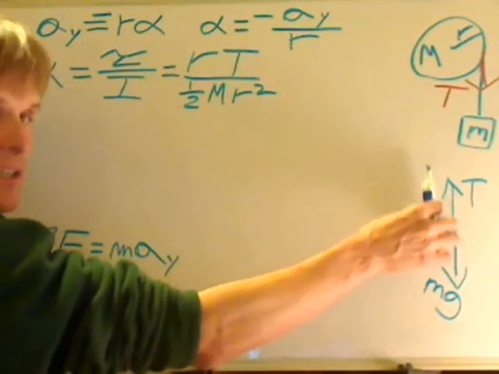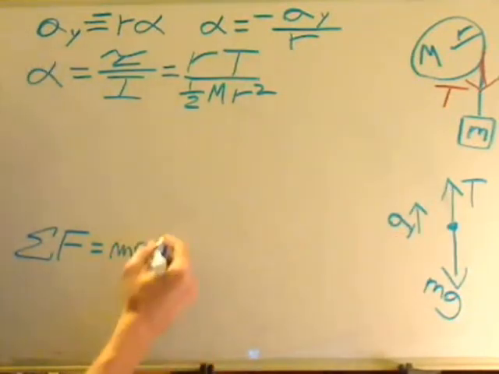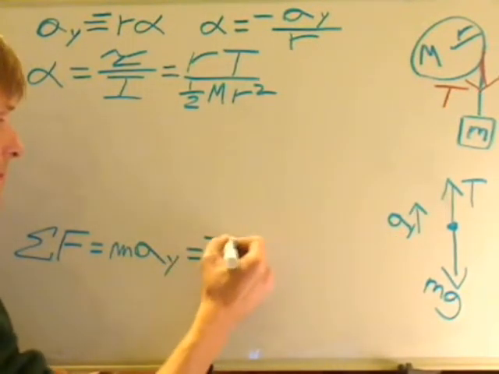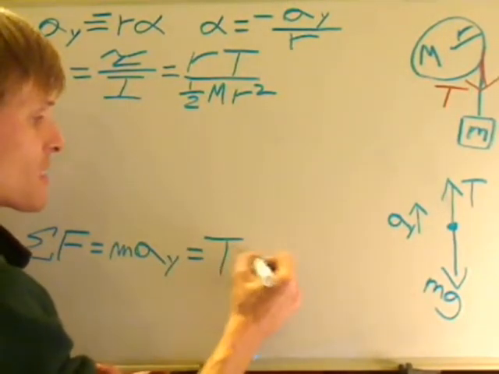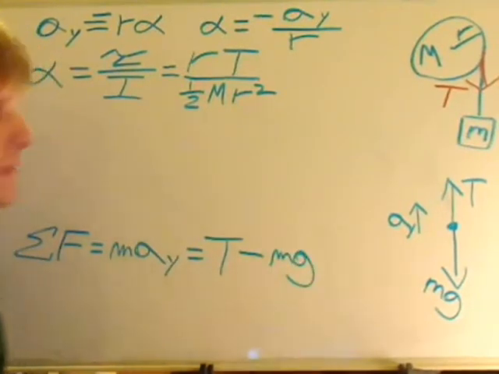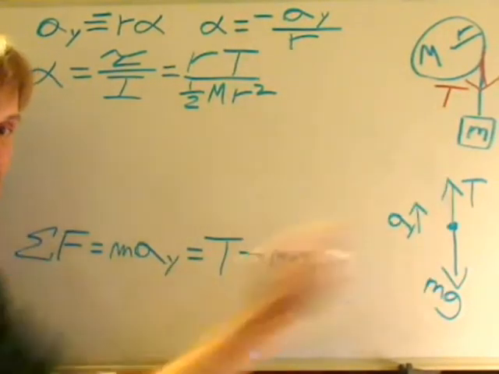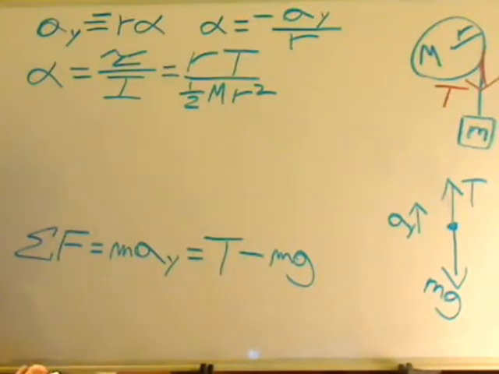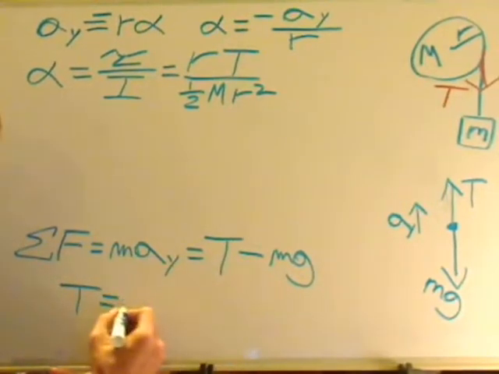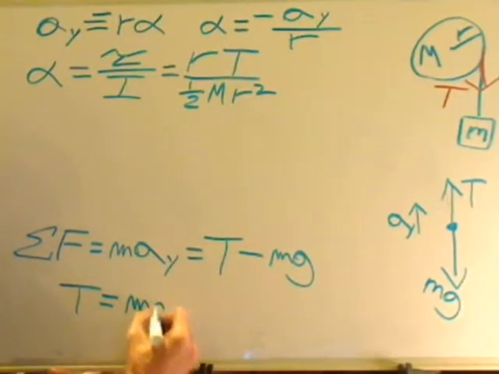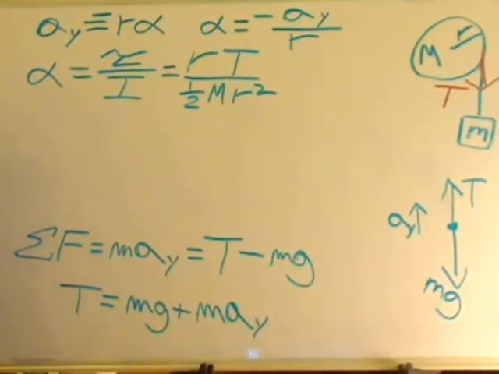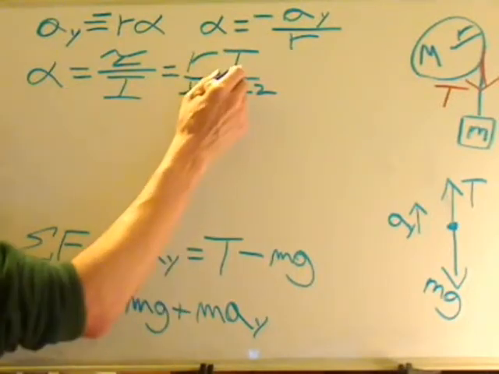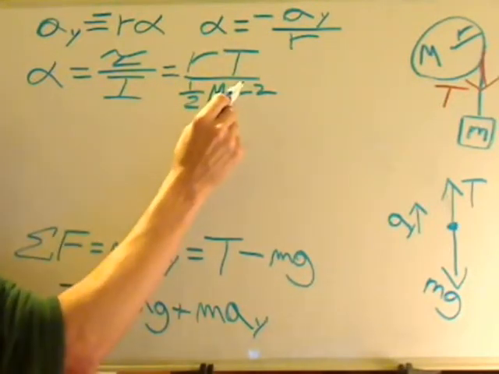Well, since up is the positive direction, we have tension, that's one of the forces, minus mg, minus because mg is downward. So our tension then is, we add mg to both sides, mg plus the mass times the y acceleration. So that needs to go in here eventually for tension.